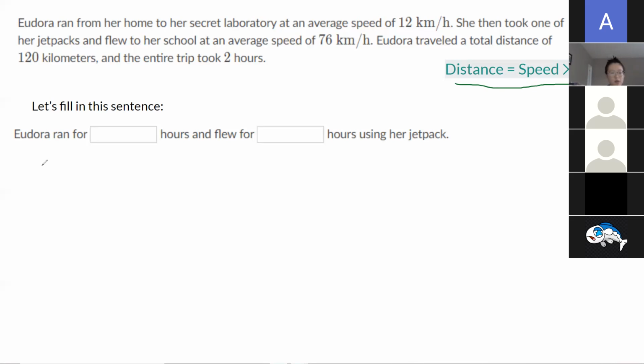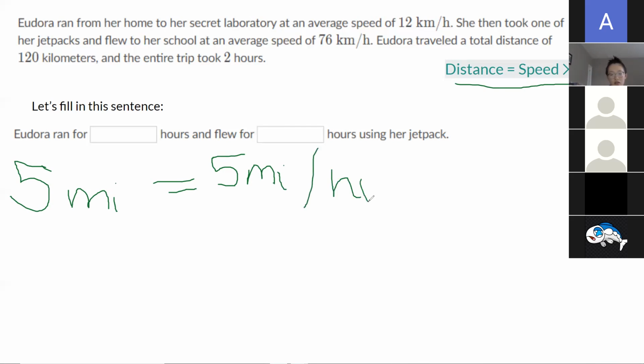So here's just a problem, right? Let's say that your distance is 5 miles, okay? And then you are walking 5 miles per hour. How long did you walk? So we want to fill in this.